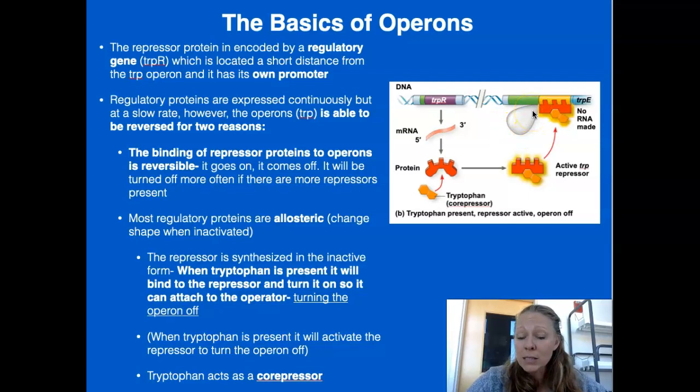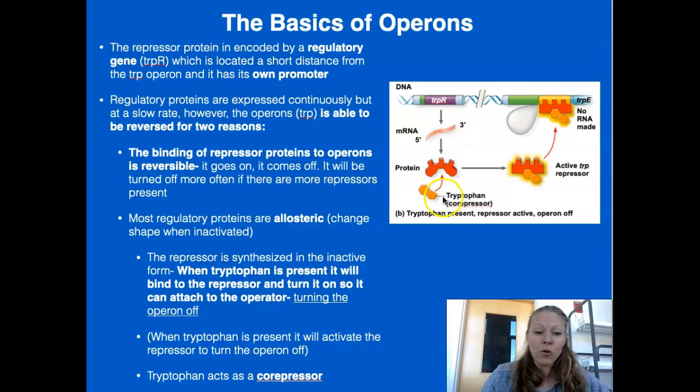This should make sense because if tryptophan is present, then it doesn't need to make any more. So if tryptophan is already present, it's going to turn the repressor on, and the repressor is going to bind to the operator and block the RNA polymerase. That is going to turn off the operon, and the gene is no longer being expressed.